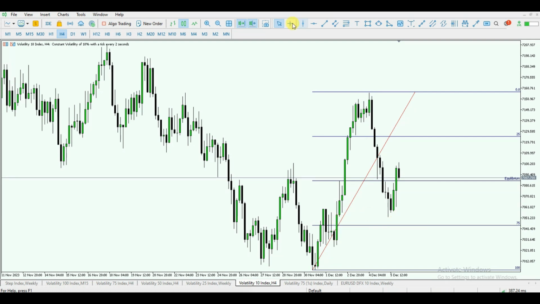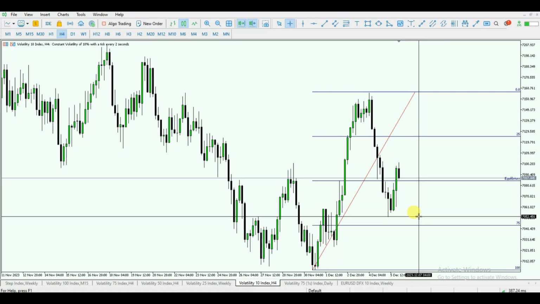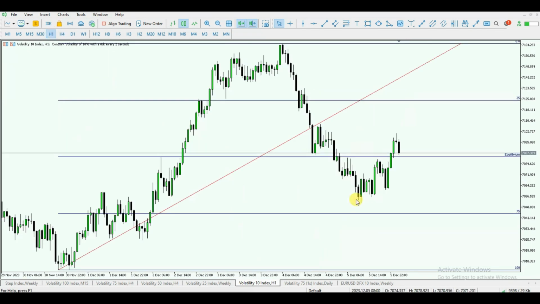The reversal comes in, and then we have price doing this. Has it taken this fair value gap? Yes, it has. You can see that price traded slightly into the fair value gap. So it took the fair value gap down.